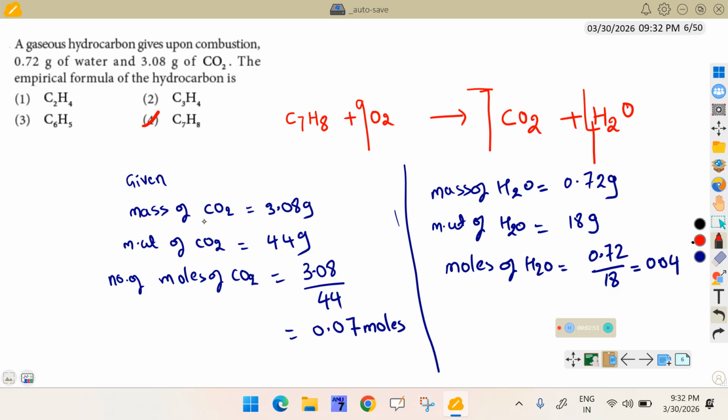In CO2, one carbon atom is present. That's the reason 0.07 is multiplied with 1, then 0.07. In H2O, 2 hydrogen atoms are present, so multiply with 2, 0.08.